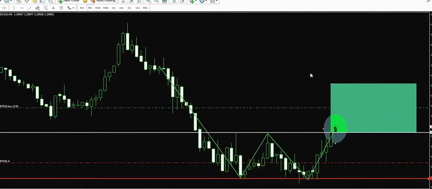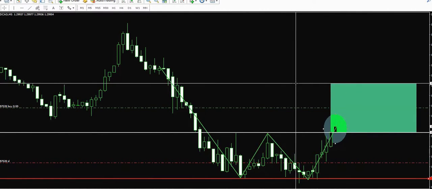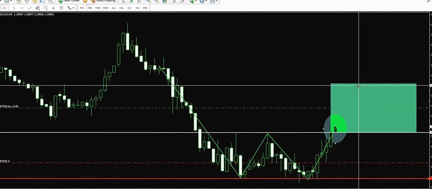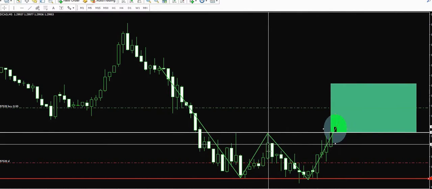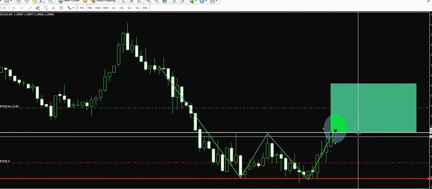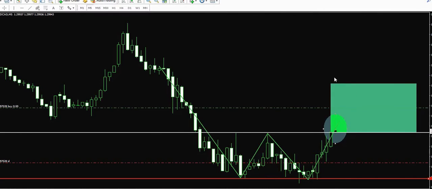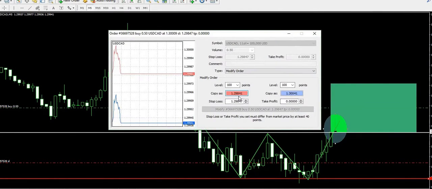So let's now mark our target on the chart with a take profit order. According to the double bottom rules, we need to hold the trade for a minimum price move equal to the size of the pattern. We apply the size of the pattern. We're now going to put our take profit order at the top of the green rectangle you see on the chart.